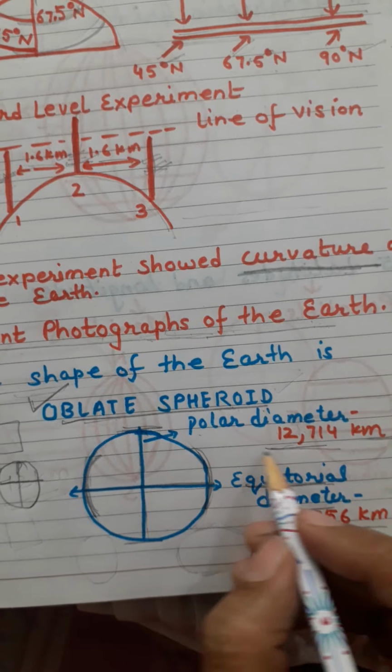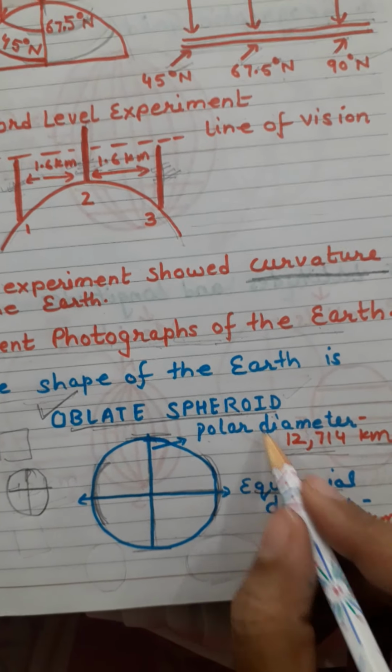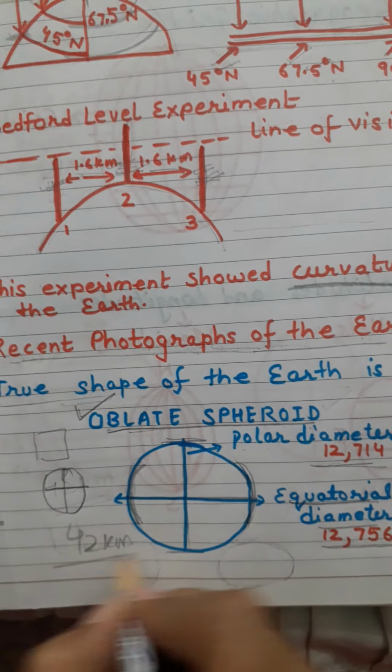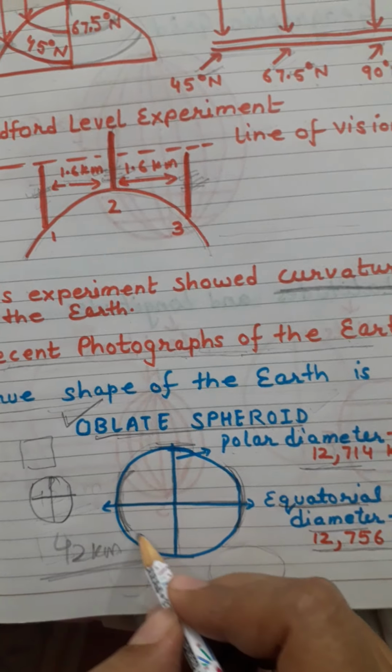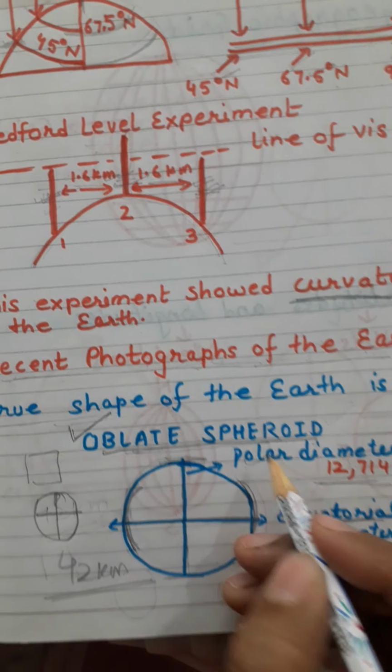What is the difference between these two? The difference between these two diameters is 42 kilometers. So this shows that the true shape of the earth is an oblate spheroid. Thank you.